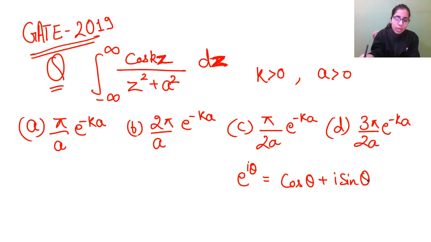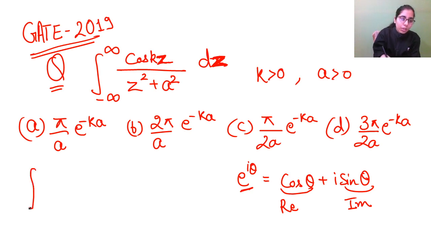Do you know that? So that means cos represents the real part of this, and sin represents the imaginary part of this exponential. So here what we do, we write it as integration from minus infinity to plus infinity in this kind of form.